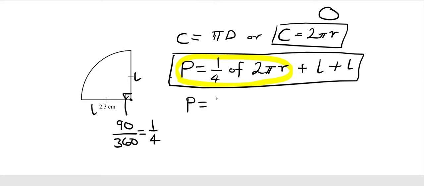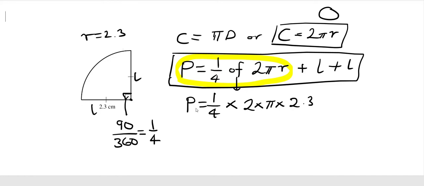So perimeter will be equal to a quarter. So of in maths is times. So a quarter of, now I've got 2 pi r, so I can write 2 times pi, and r I can see is 2.3. If it helps, you can write it near the diagram just to clarify. Yep, it's half of the diameter. So times 2.3.